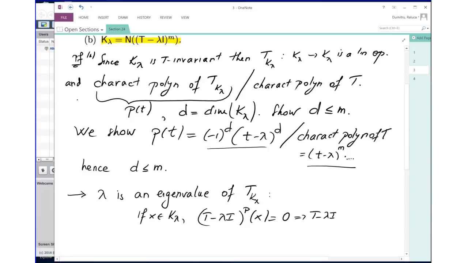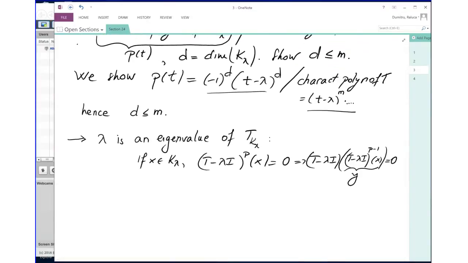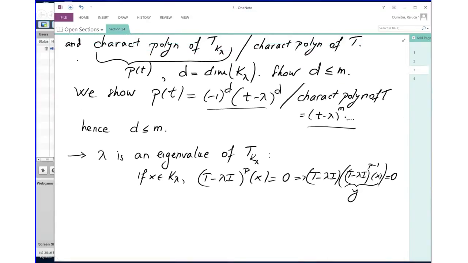And we've seen this idea before. You pull out one of them, that leaves you with p minus one of them. So the same idea as before, that this makes lambda an eigenvalue and y an eigenvector. Okay.